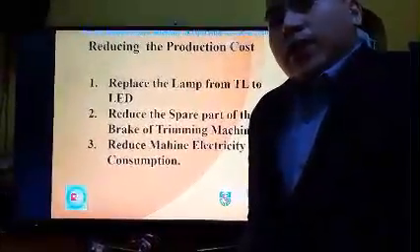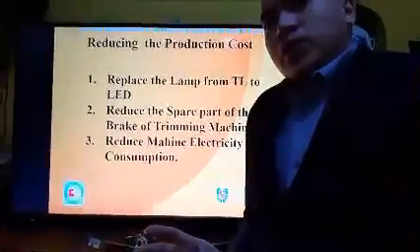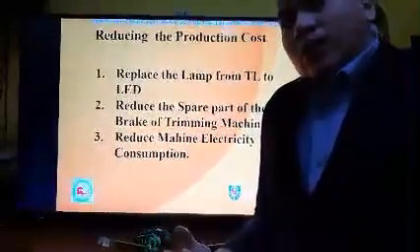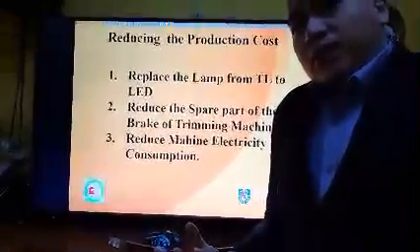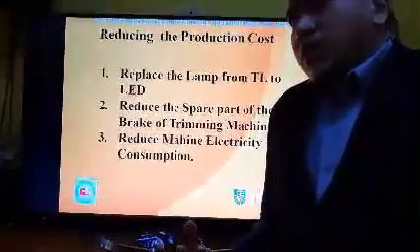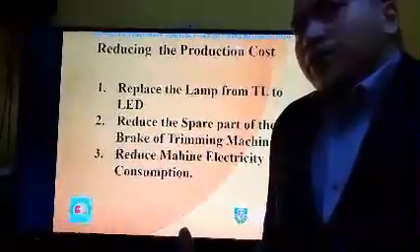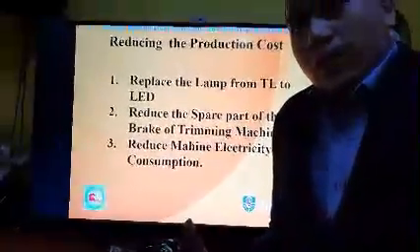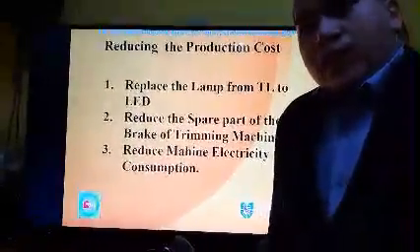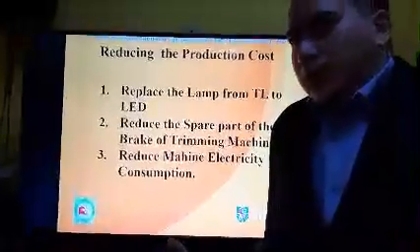In oil seal manufacturing, there is a trimming machine that cuts the trim of the oil seal after the molding process. This trimming machine uses a taco motor that circles the oil seal for the cutting process.